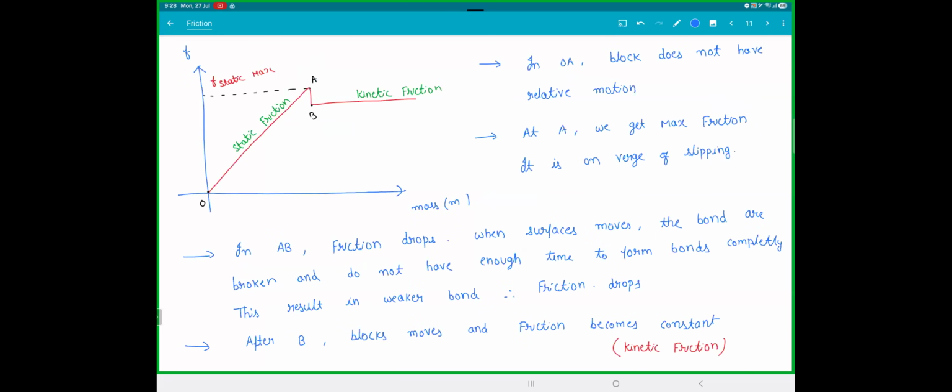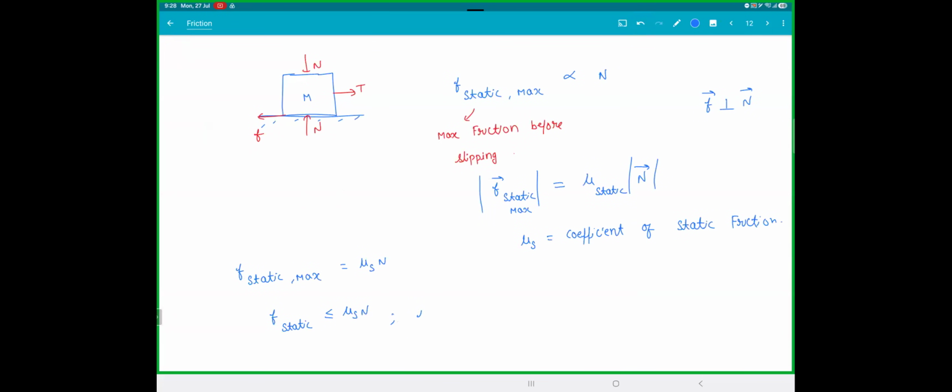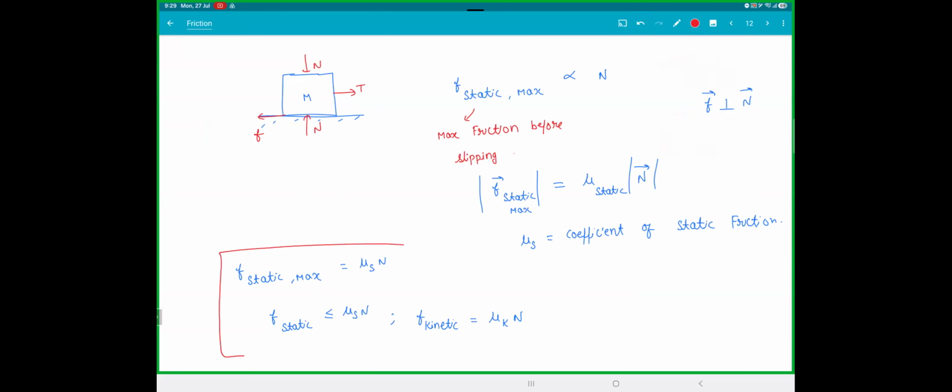Just look at the graph here. This entire value, you're not slipping anywhere from O to A. And I'll give another example there. F kinetic is the friction when you're slipping. Again, this is also equal to mu k N. So there are three different frictions: Fs max, Fs, Fk.